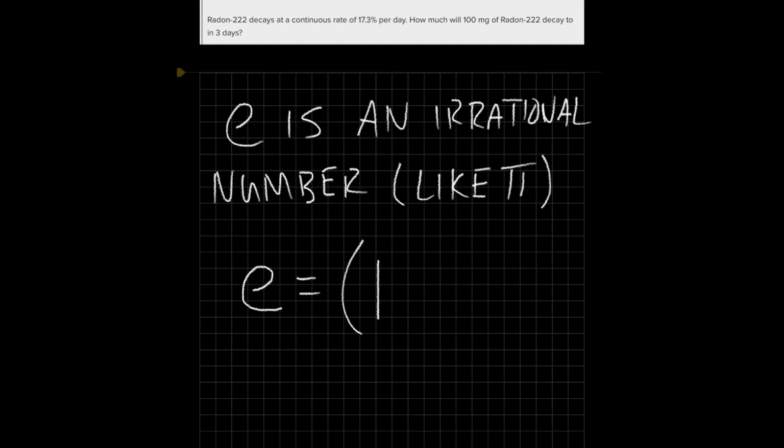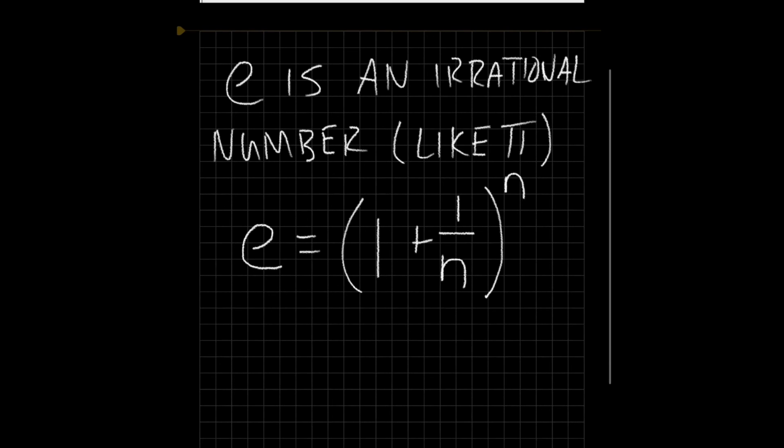If you take 1 and you take some fraction 1 over n, and you raise that to the nth power, you can plug in different numbers for n and you'll get different values. But what we want to do is we want n to increase forever. We want n to approach infinity. As n approaches infinity, we get the number E.